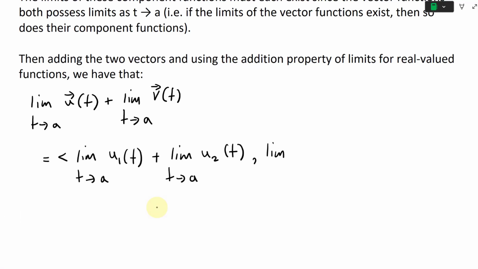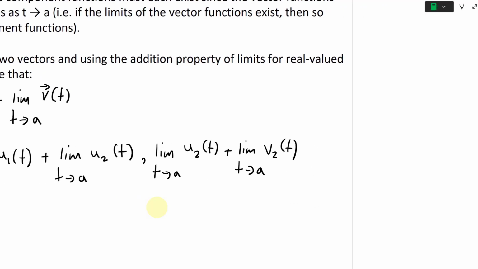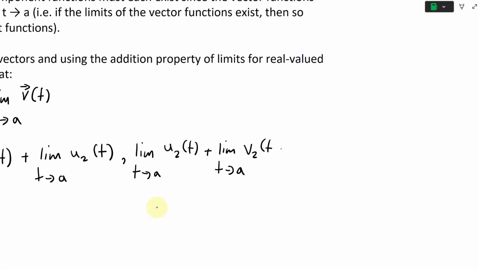Is limit t approaches a of u2 of t plus limit, I'll make this a bit bigger, limit t approaches a of v2 of t, and finally, let's move this all the way here, limit as t approaches a of u3 of t plus limit as t approaches a of v3 of t.